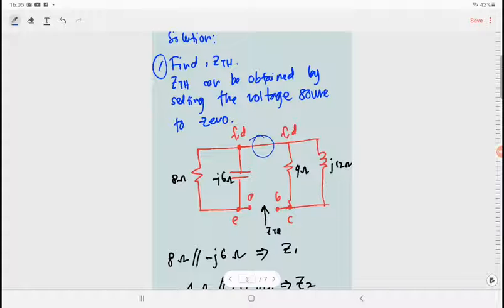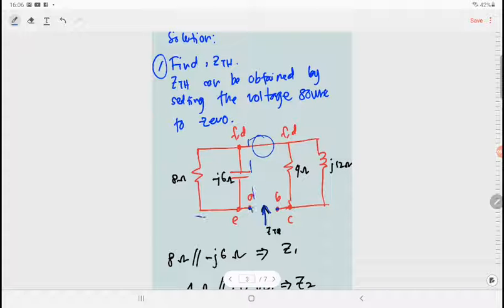If you see here, the 8 ohms is parallel with your negative j6 ohm, and then your 4 ohm here is parallel with the j12 ohm over here, right? So this is our terminal AB. By looking from this terminal, we can say that this circuit is divided into two parts, right?